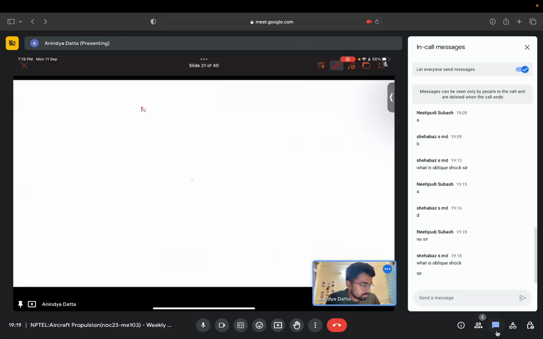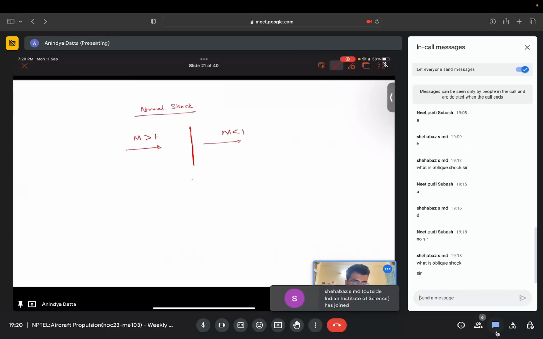In normal shock, this is for 1D flow. We have a flow approaching with Mach number greater than 1, and after it Mach number less than 1. This is a very infinitesimally small structure across which there is a sharp change in pressure, temperature and velocity. The flow velocity decreases, pressure increases, temperature increases. So this is normal shock.